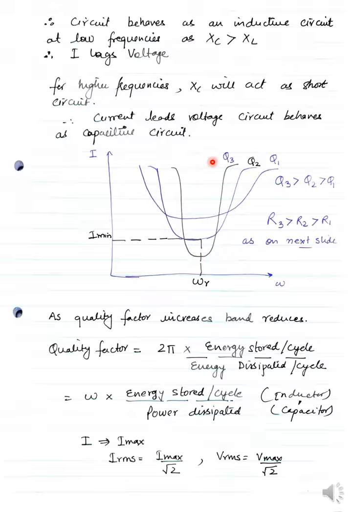So the better selectivity will be at higher quality factor. And as I told you earlier also, the better is quality, the better is tunability of the circuit. So you can actually hear what the information is. So the quality of the service is better, the circuit is better.